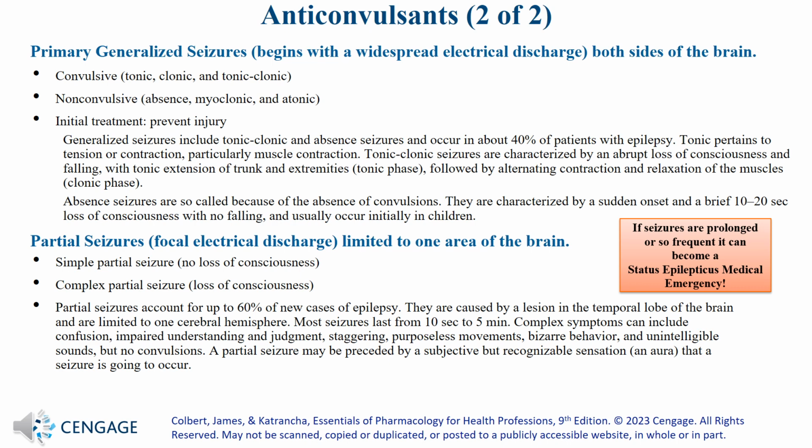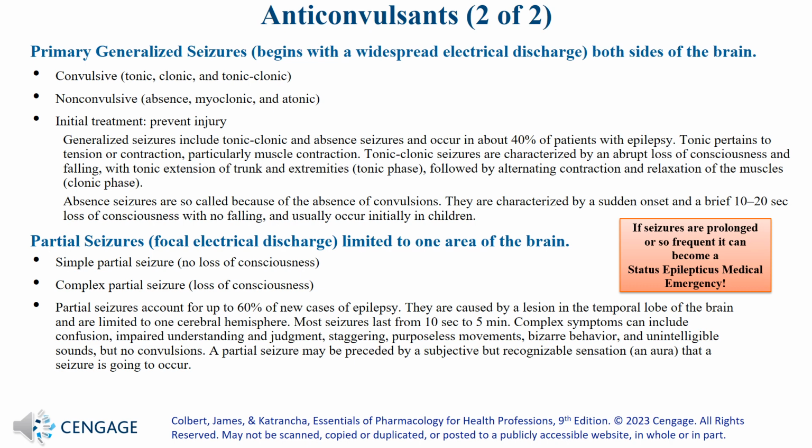Your initial treatment is, of course, to prevent injury. Generalized seizures can include tonic, clonic, and absent seizures, and occur in about 40% of patients that have epilepsy. Tonic pertains to tension or contraction, particularly muscle contraction.